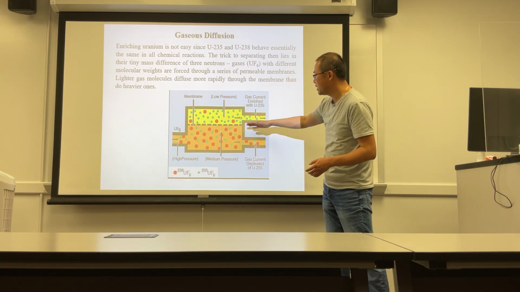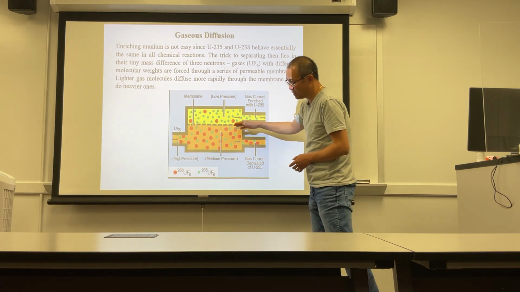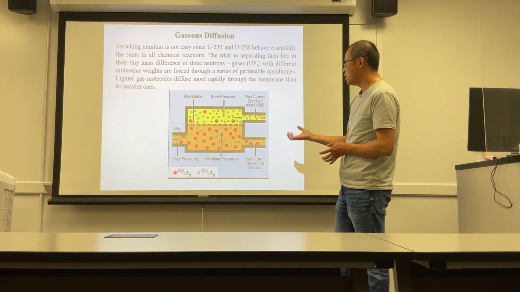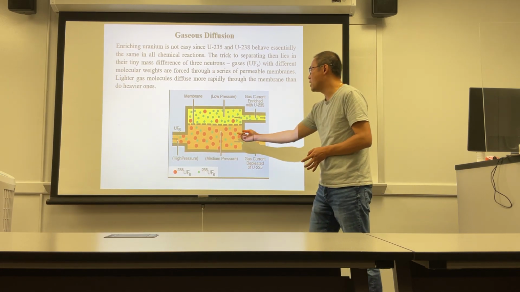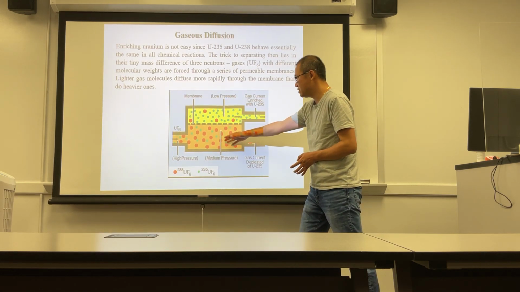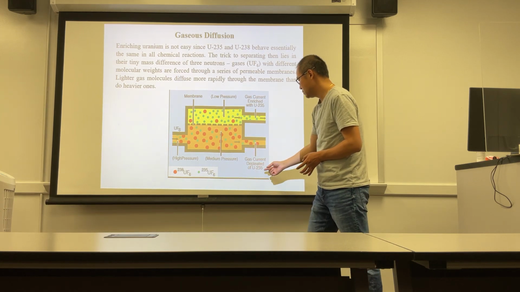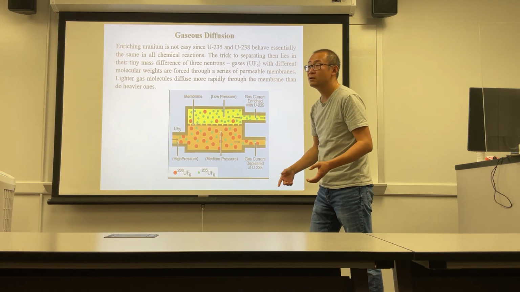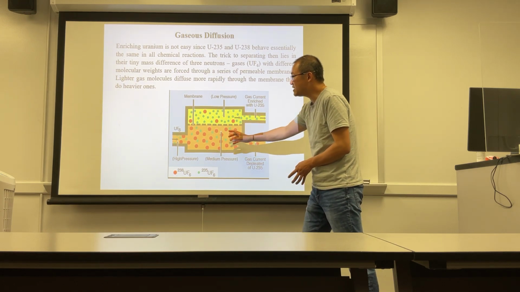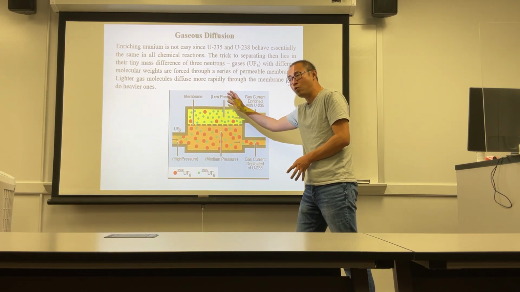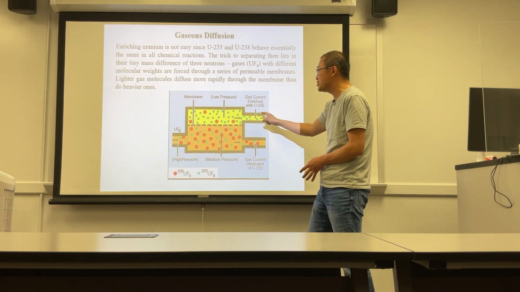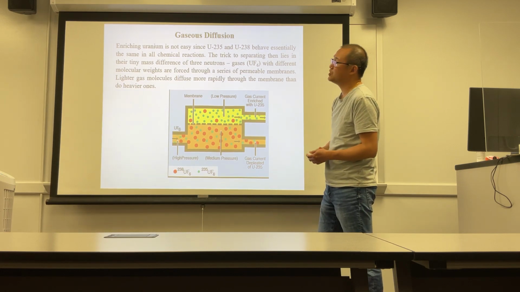Then you separate the chamber with a membrane and put pressure on it, and you will find that the lighter ones with more U-235 will be on one end, and the other end will have more what? Uranium-238. Because of the pressure, the gas can diffuse. The lighter one diffuses to one end, the heavier one to the other end. You get more enriched 235. That's called gas diffusion.